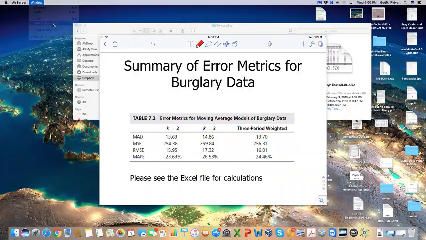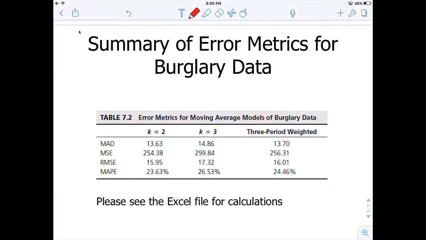So if I ask you to go ahead and calculate the error metrics for your forecasting method and then give me the best one, all you have to do is check out these error values. When I look at it, I see that, for example, for MAD, moving average method k is equal to 2 is the smallest. For MSE, again, this one is the smallest.